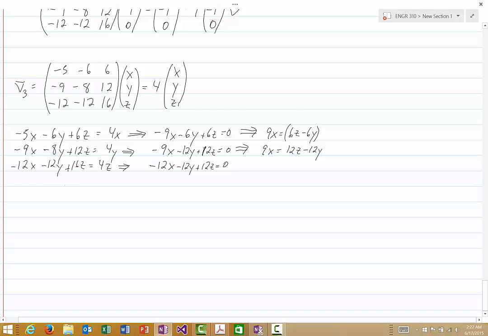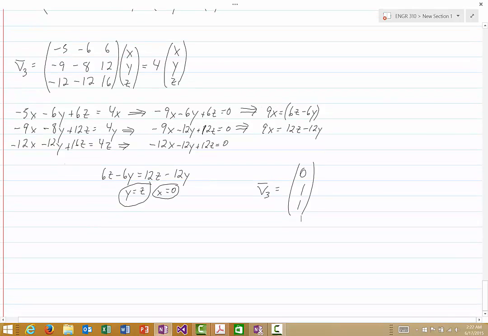And therefore 6z minus 6y is equal to 12z minus 12y, and so y must equal z, and x must be 0. And so an appropriate choice for v3 would be 0, 1, 1.